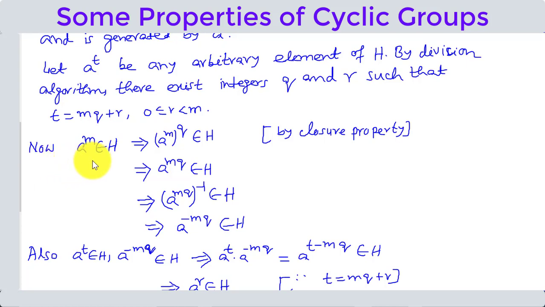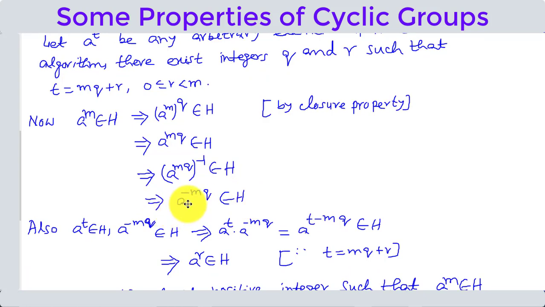Now, a to the power m belongs to H implies that a to the power m raised to the power q belongs to H by the closure property of H, which implies that a to the power mq belongs to H, which implies that the inverse of a to the power mq, that is a to the power minus mq, belongs to H.